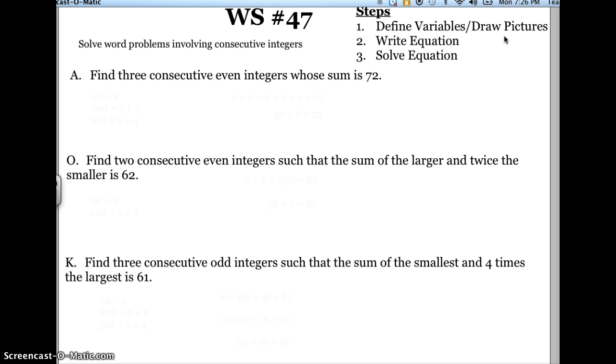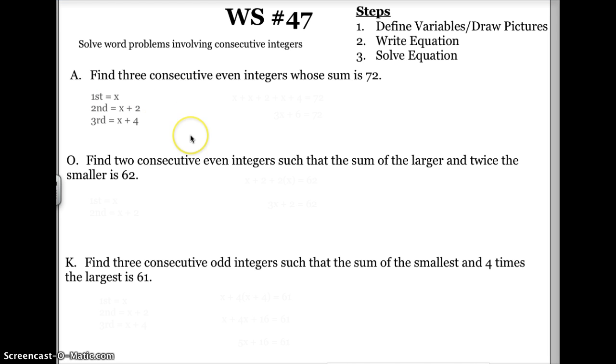Now the first step in all these problems, on the integer problems, is to define the variables. So since they're consecutive even integers, that means I have to skip a number before I get the next one. So my consecutive even integers are going to be x for the first number, then two more than that, which is x plus 2 for the second number, and then two more than that, which is x plus 4 for the third number.